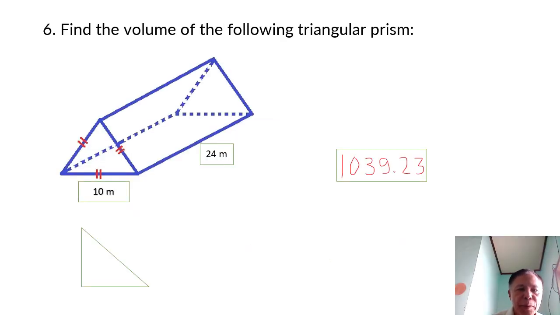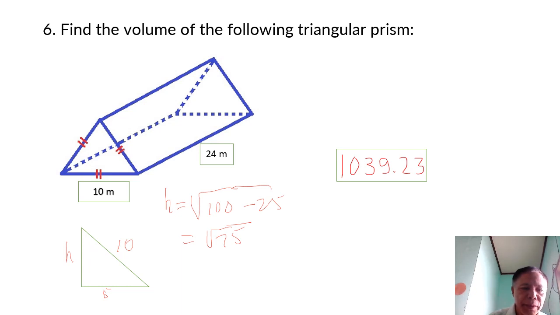Find the volume of the following triangular prism. Make this a right triangle. This one is your h, this one is 10, this one is 5. So your h equals the square root of 100 minus 25, or the square root of 75, by the Pythagorean theorem: the square of this one minus the square of this one.